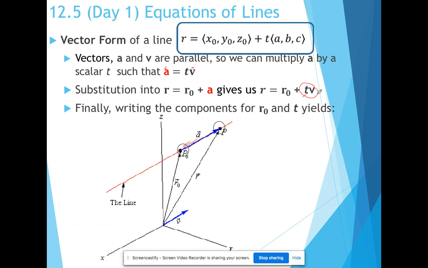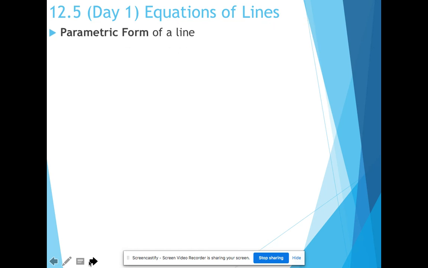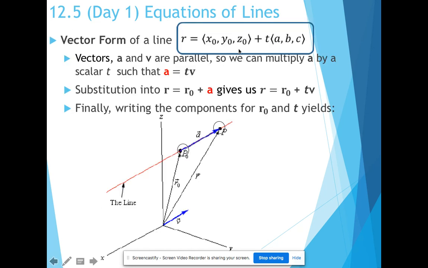And the components of v, remember, we defined to be a, b, c, and then we've multiplied it by t. That's the vector form of a line. Kind of think of it as point plus direction.